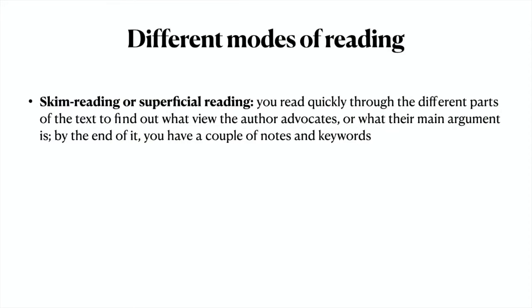And if you want to know a little bit more about it, you're going in for what I call skim reading or superficial reading. So here you read quickly through the different parts of the text to find out what view the author advocates. So what is the main claim that the author makes? What is their main argument? And by the end of such a skim reading, you will have written down a couple of notes and keywords of the things that you have encountered.